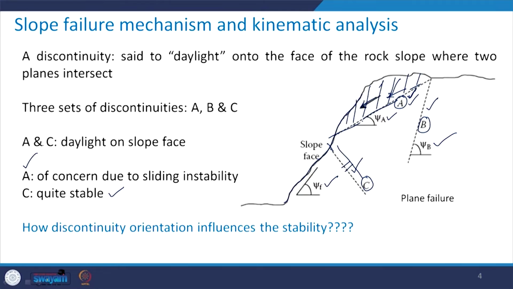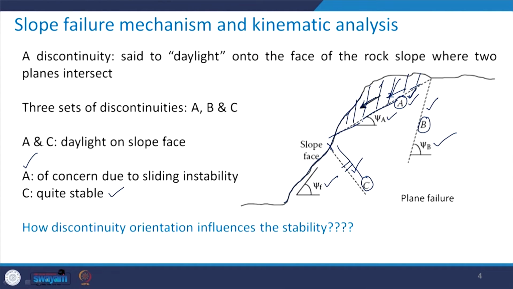Now, the question comes, for which we have to look for the answer, that how this discontinuity orientation is going to influence the stability of this slope face. We can say that it is not safe, but we need something mathematical to decide why it is not safe.